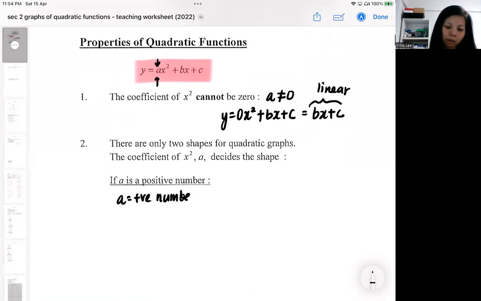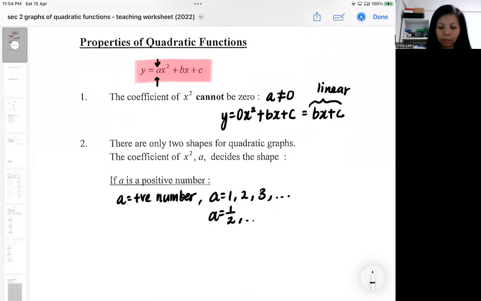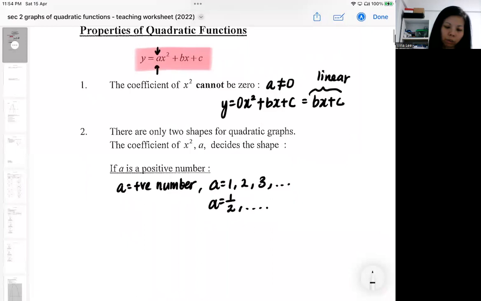If a is a positive number, something like a equal to 1, 2, 3, or it can even be a fraction, it doesn't matter. As long as a is a positive number, it will be a smile graph that comes with a minimum point.